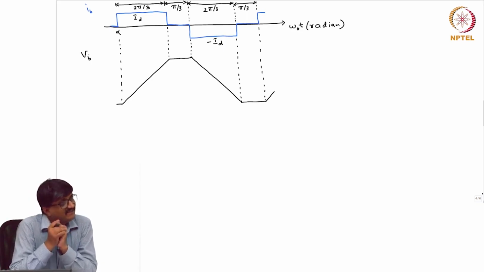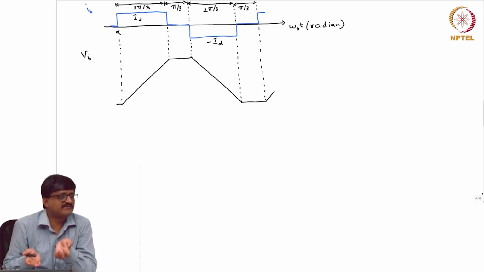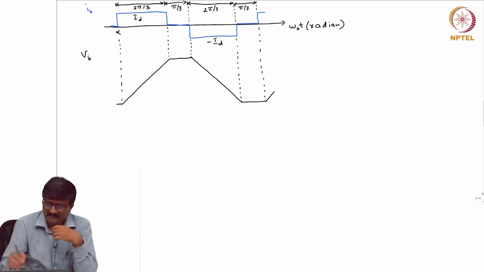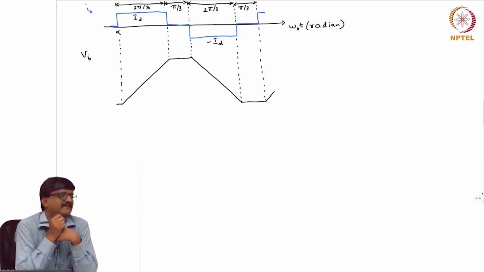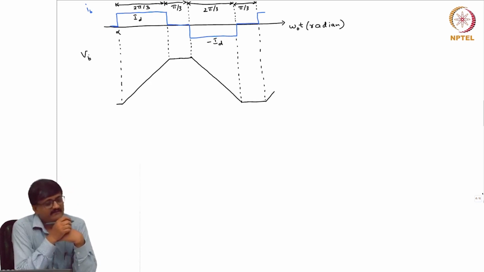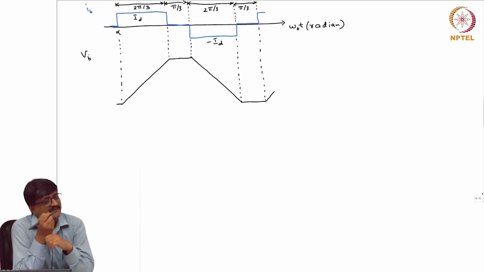What axis? I have not drawn it because I don't know the average. If I knew the average, I would have drawn it. I have deliberately not drawn the omega OT axis because I don't know the average. So, what is the average?